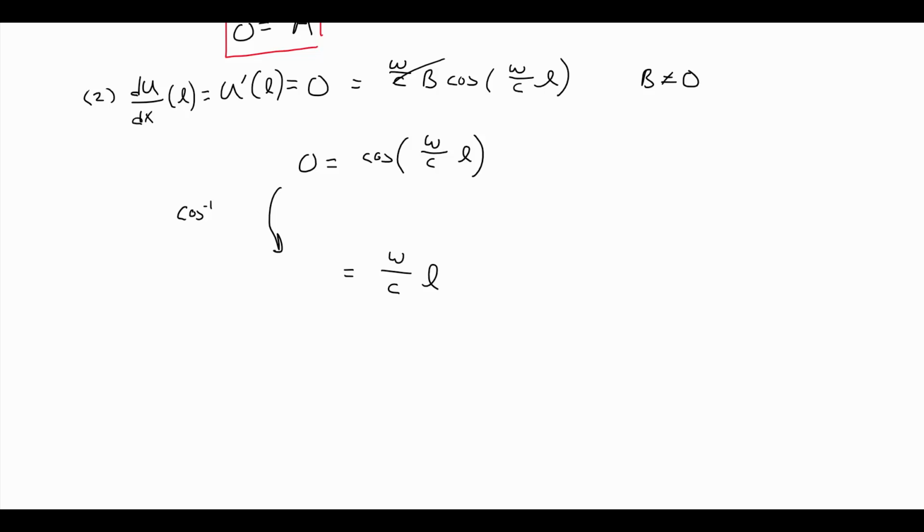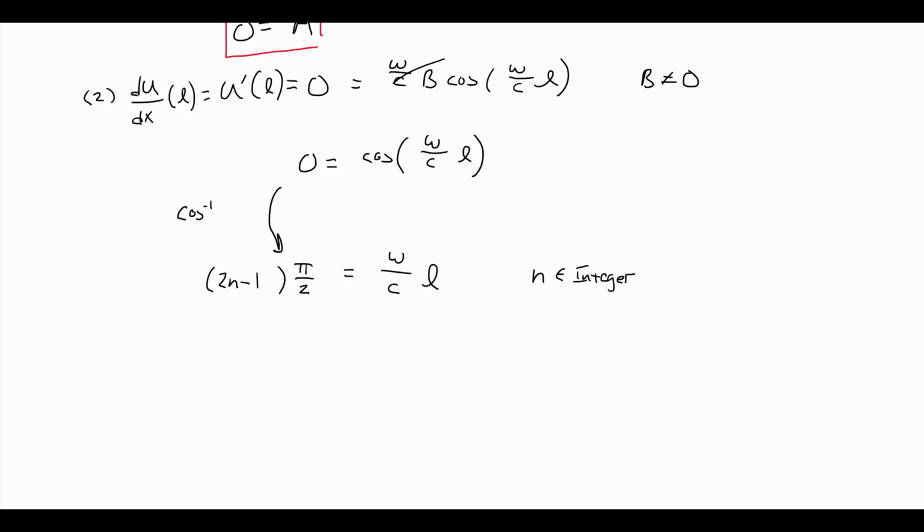In fact, every odd multiple of pi over 2 is going to result in 0 when I take its cosine. So there's not a unique solution to taking the arccosine of 0, and that's what's going to give us, as we'll see in a minute, the infinite natural frequencies and then infinite eigenfunctions for this. So again, odd multiples of pi over 2 all satisfy this. So to make it odd, I'm going to say that 2n minus 1 times pi over 2, where, just like before, n is going to be an integer.